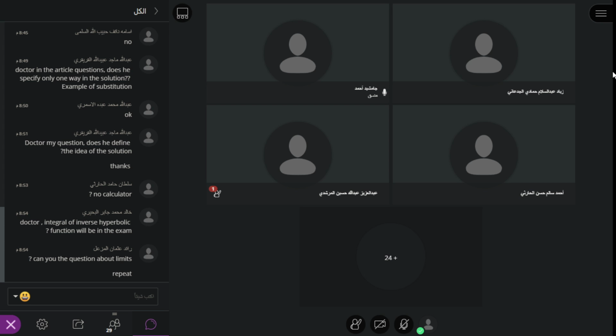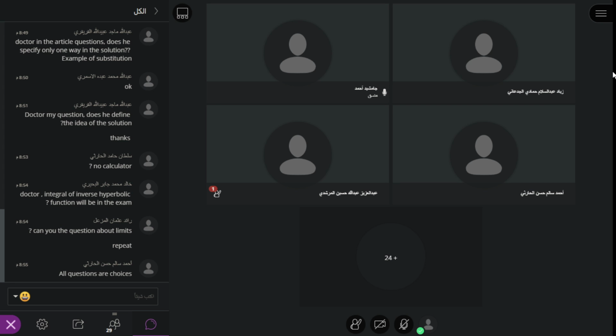Suppose we have a function power function, f of x power g of x, and whenever we apply the limit, if we get 1 power infinity, 0 power 0, or infinity power 0, then we will do 6 different steps. There are 15 multiple choice questions and three long questions.